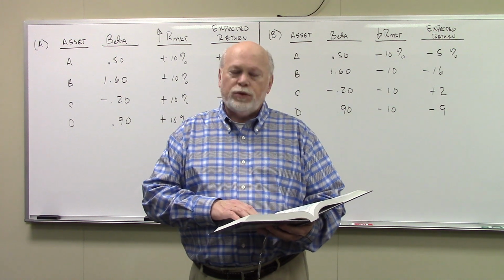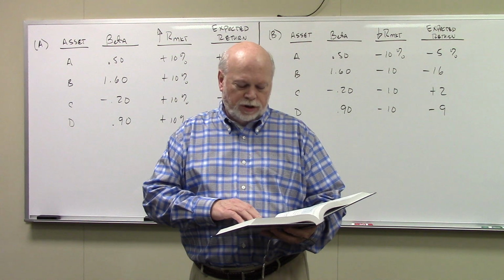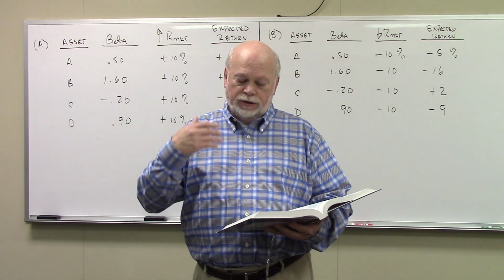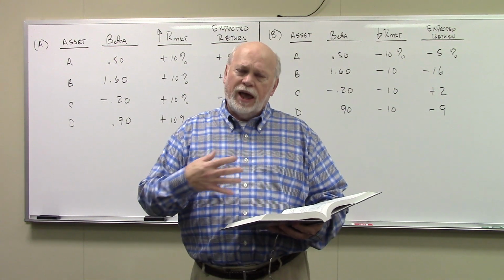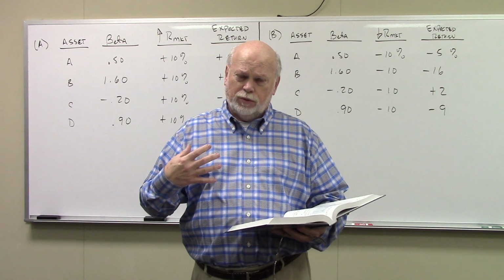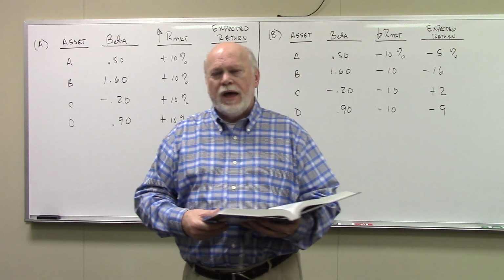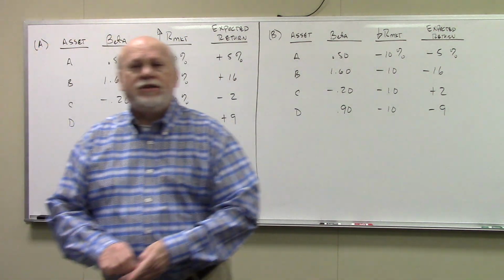The B part, what impact would a 10% decrease have on each asset's return? The C part says, if you believe the market were going to increase in the future, which asset would you choose? And the last part says, if you thought the market was going to go down in the future, which asset would you choose? That's the problem they've asked us to work and that we're going to look at right now.